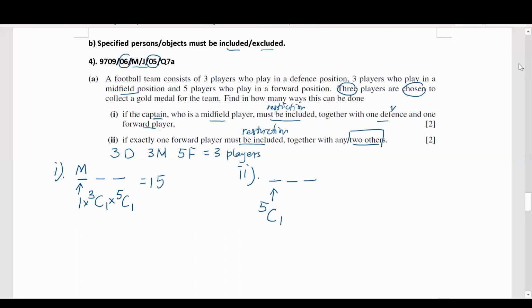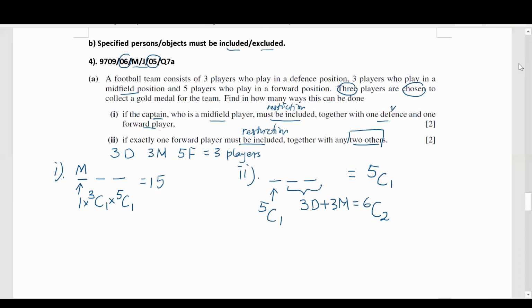It does not specify whether midfield players or defense players. All right, so we will take the total of 3 defense and 3 midfield players. So there are 6 available players and we select 2, so the number of ways will be 6C2. Hence, for a team of 3 with exactly 1 forward player, the number of ways is 5C1.